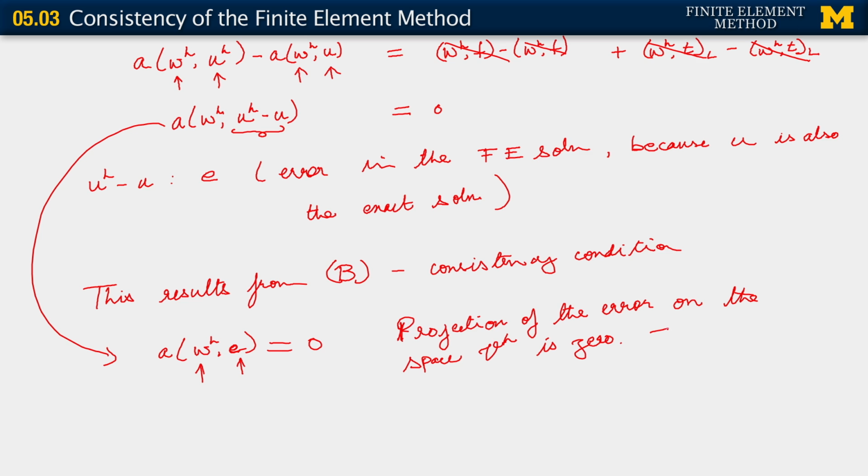So within that space, we're doing as best as we can. So in some sense, it is saying the error is orthogonal to VH.